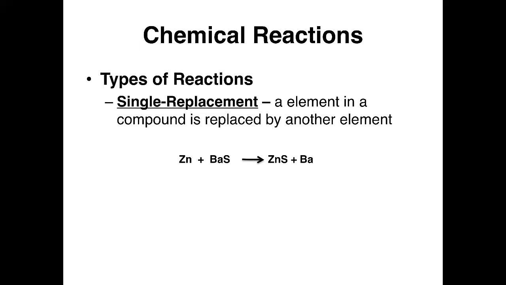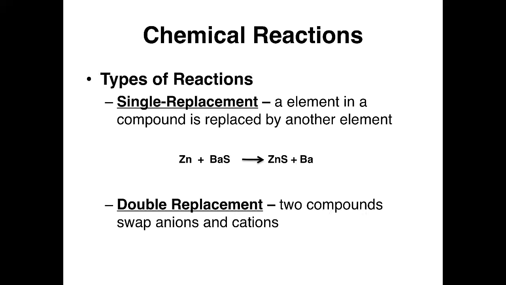And a double replacement reaction is when the two compounds swap anions and cations. So for example, you have potassium chloride combining with lithium nitrate to form potassium nitrate and lithium chloride. The potassium and the lithium just switch partners, sort of like a square dance where the two cations switch partners and end up with the other anion.